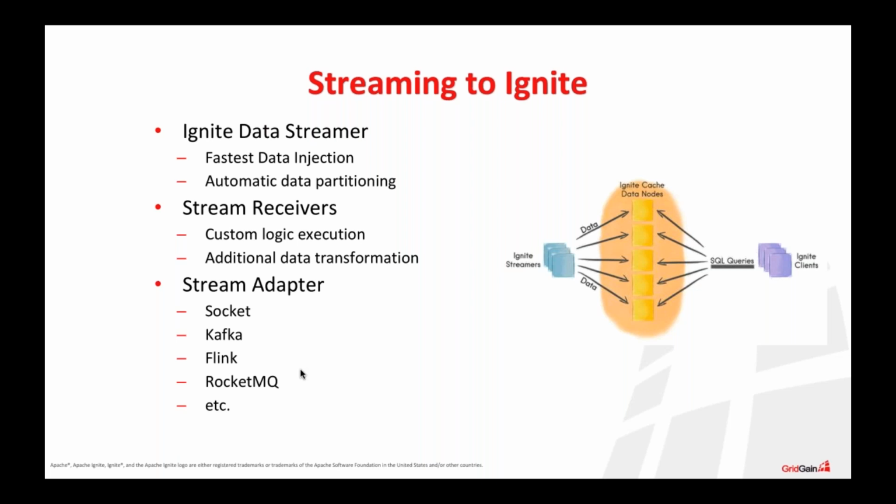Among stream adapters, we support sockets, Kafka, Flink, RocketMQ, and many other technologies. So if you want to stream the data from Kafka into Ignite, you just need to set up this special stream adapter, and it will do all the work for you.